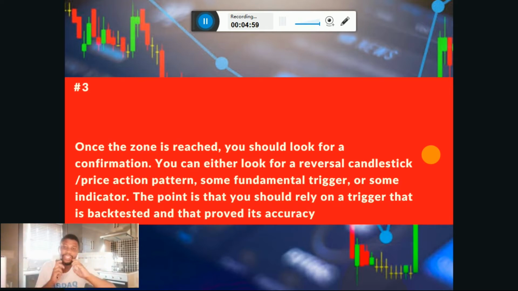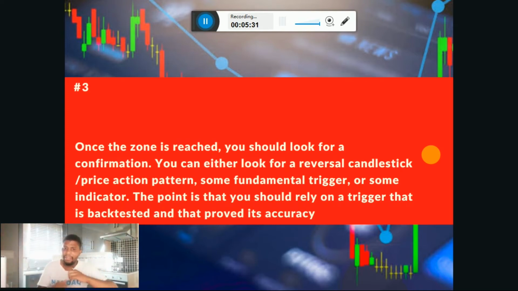sometimes news also triggers most trades. A trade is either going to break out or reverse when some fundamental news comes out at a particular point or on a particular day. So you should always look for confirmation, and even check the economic calendar, to see whether this move will be accelerated by a particular news event.